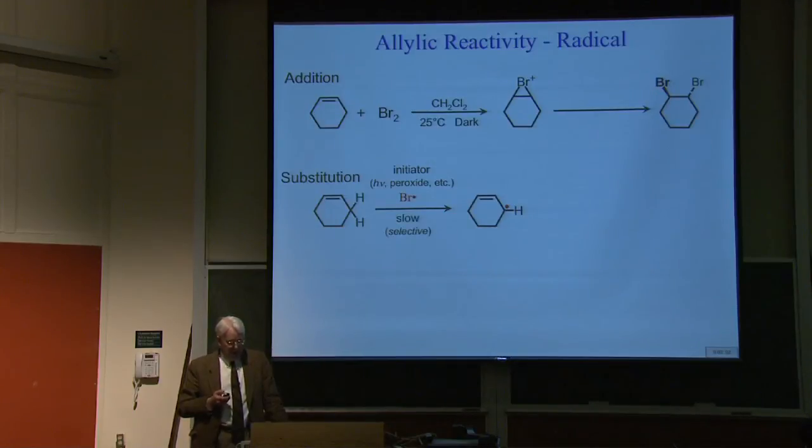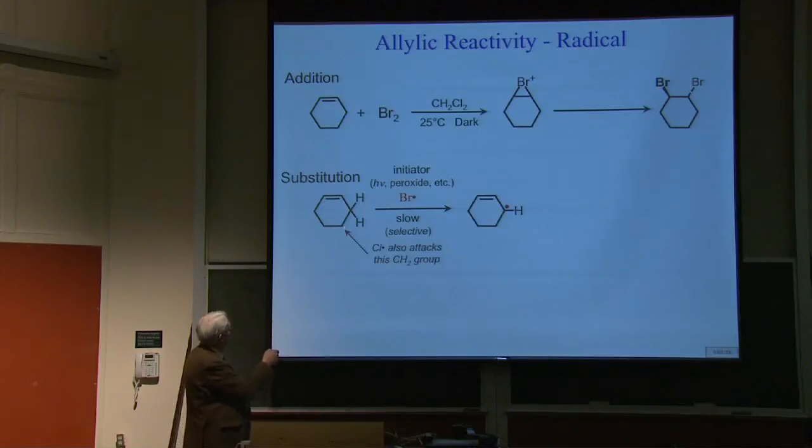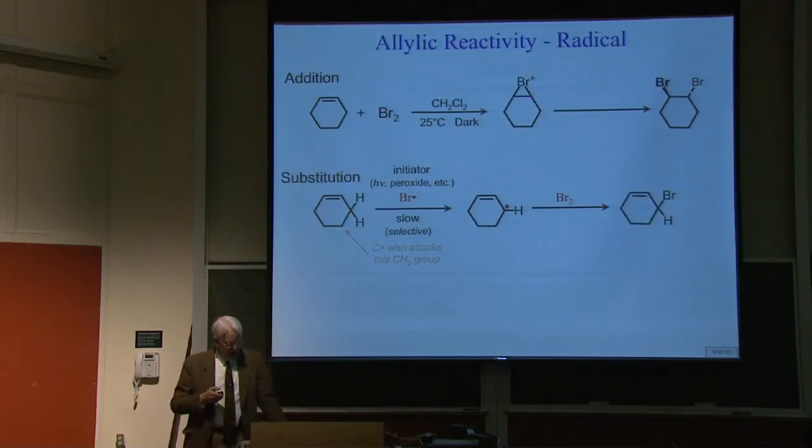Remember, we use bromine here, not chlorine, because it's slow and selective. If you use chlorine, it takes not only this hydrogen, but also this hydrogen almost as rapidly. It's not selective, but bromine is selective. It's uphill. Okay, then you can react it with Br2 and replace where the hydrogen is with bromine.